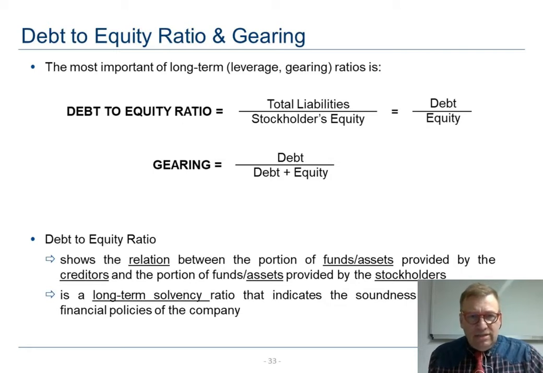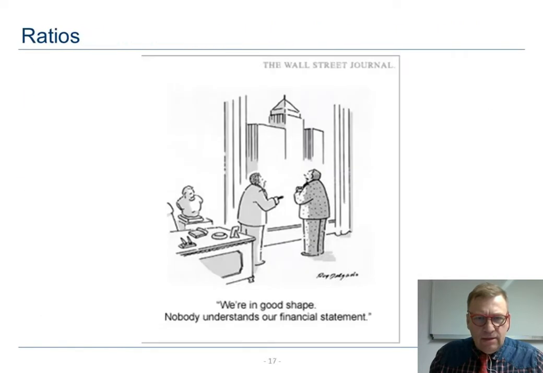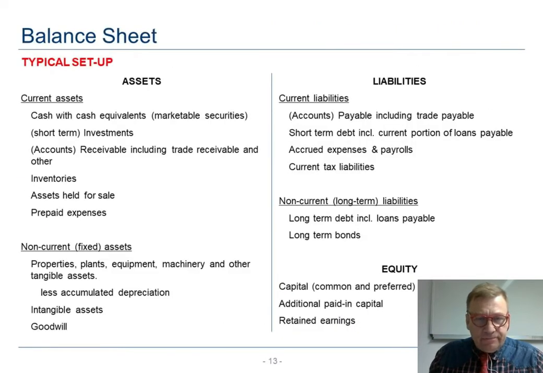So, what is the debt to equity ratio? It is total liabilities to total stockholders' equity. You remember, maybe I will come back to where it was here. Look, for this ratio we forget about the left side.